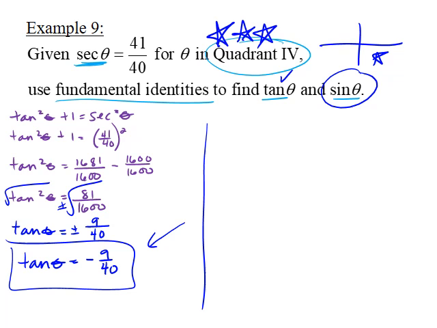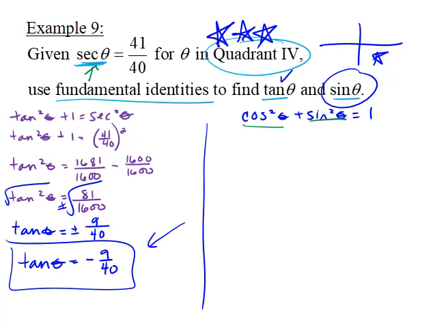when I do this and I want to find sine, well, let's think of this trig identity. Cosine squared plus sine squared is equal to 1. Now this comes to mind because I want to find sine, and what I'm given, secant, is the reciprocal of cosine.